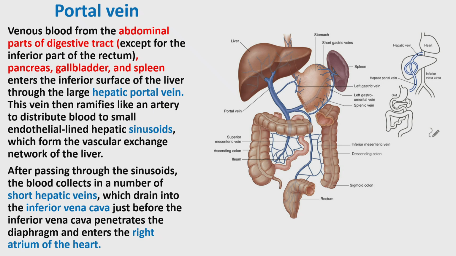Now, what is the portal vein? Portal vein is formed by the union of two main veins. One is the splenic vein, the other is the superior mesenteric vein. These two veins join exactly behind the neck of the pancreas.